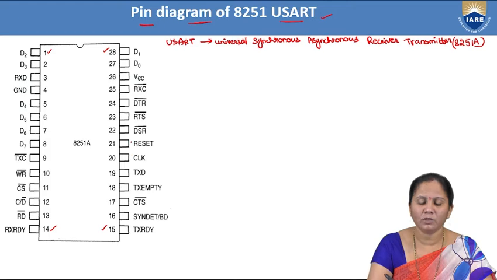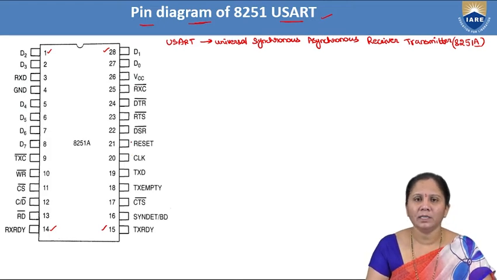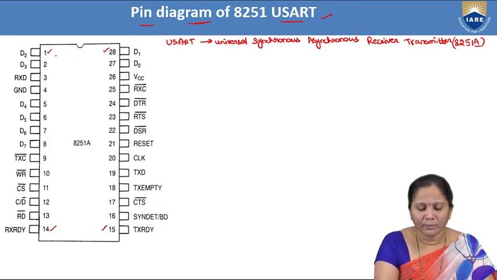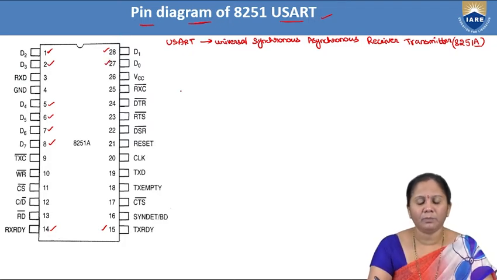This type of arrangement of pins in the IC is called a dual inline package. Coming to the pins of this 8251 USART, we can find pins 1, 2, 5, 6, 7 and 8, along with pins 27 and 28.